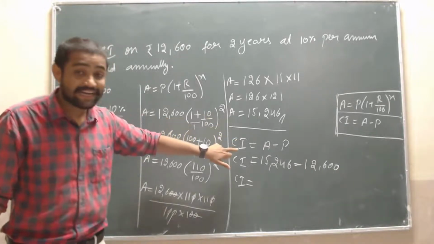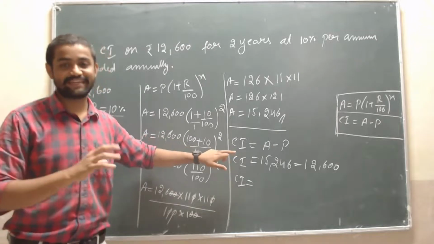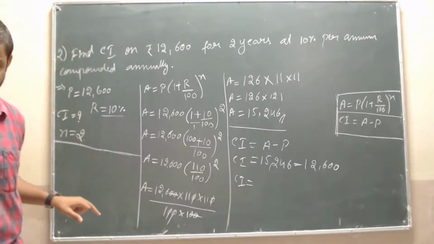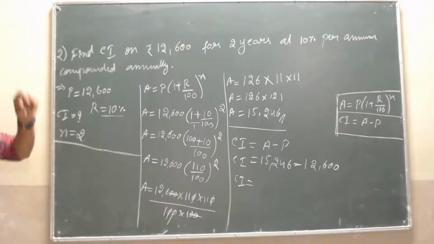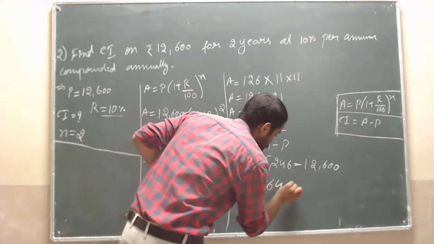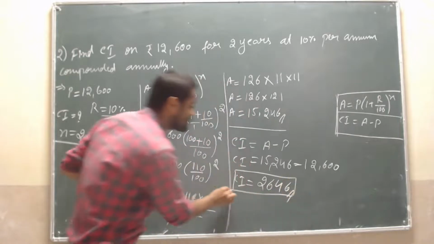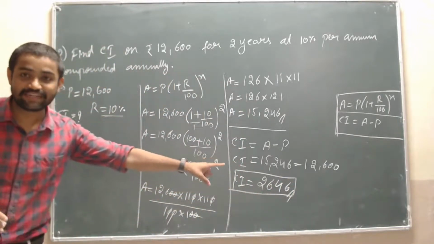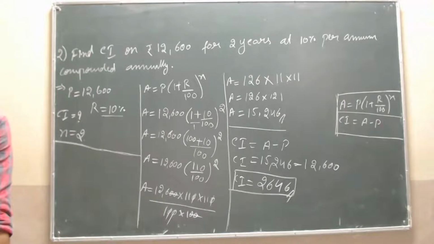And here I am asking, what is the compound interest? Very good, the compound interest is 2,646. Very good, Pragnamiti. 2,646 rupees is the compound interest. Yes, Padma, Guru Hiramat.